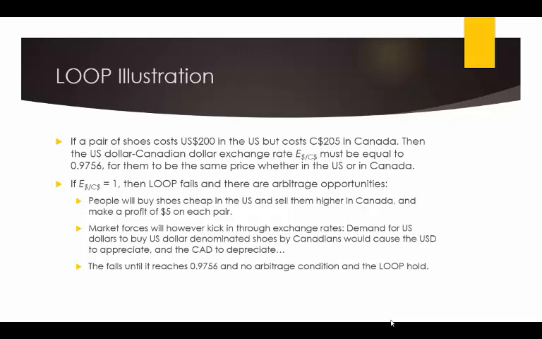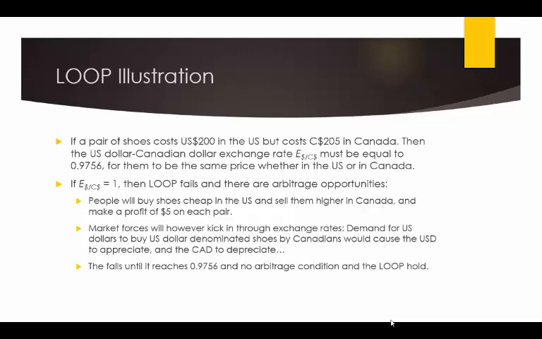The LOOP says the US dollar Canadian dollar exchange rate must be 0.9756. That is, it takes 0.9756 US dollars to purchase a Canadian dollar, such that when $200 is converted to Canadian dollars, one ends up with 205 Canadian dollars.